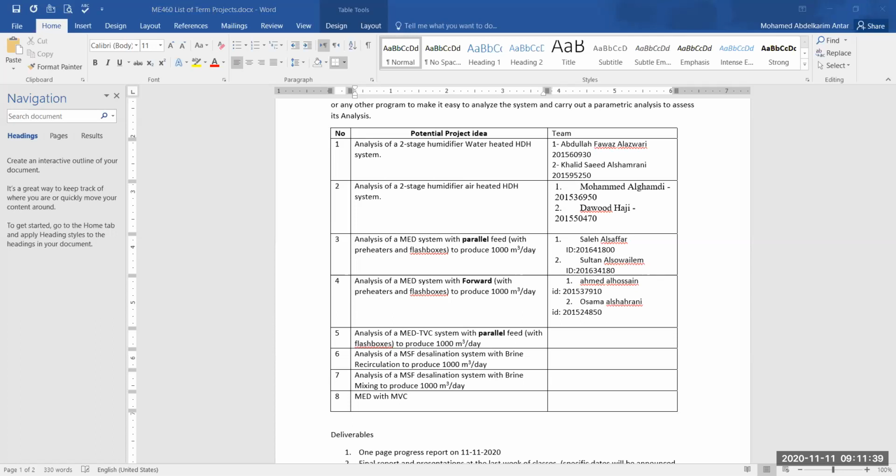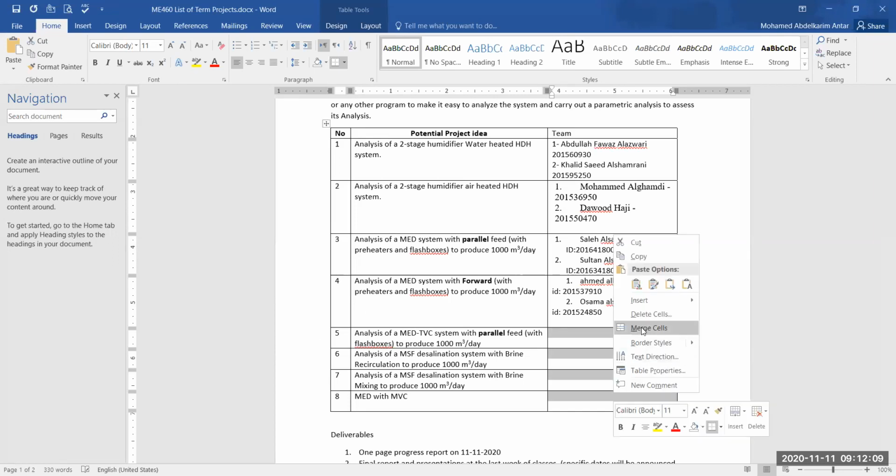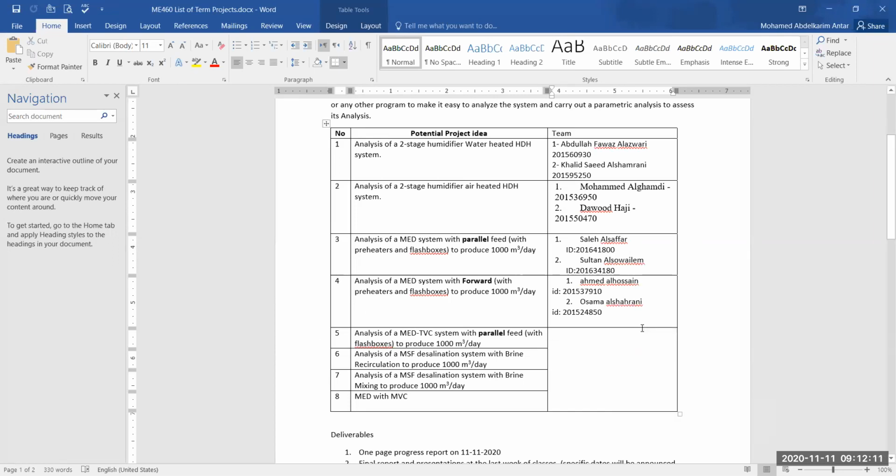So just to put things in order, that will be Abbas Al-Yahya, Hadi Al-Otaibi, and let me see, where's that? So I'm going to merge it. You are not going to do all the projects. You have to select only one of them.